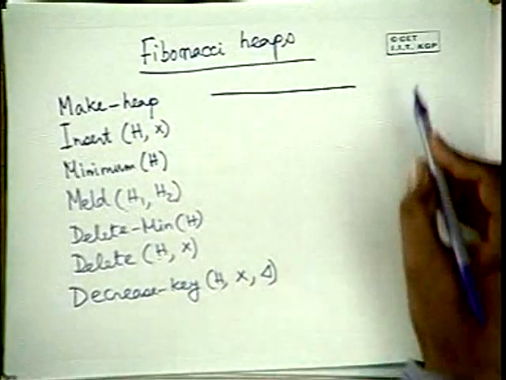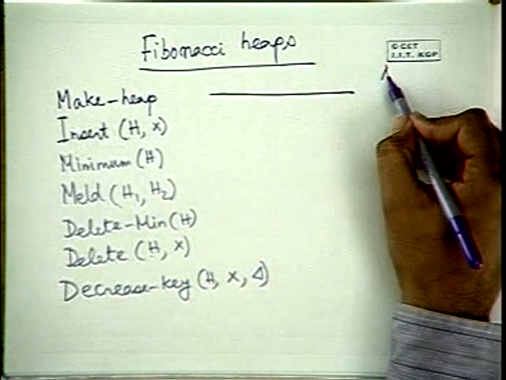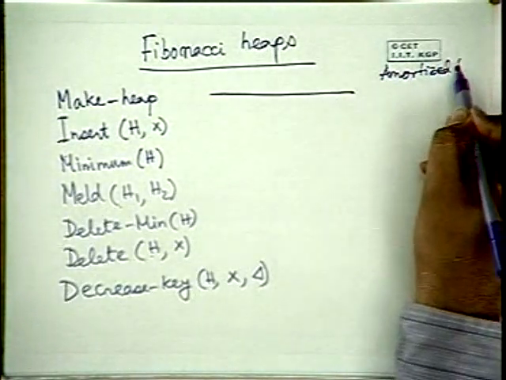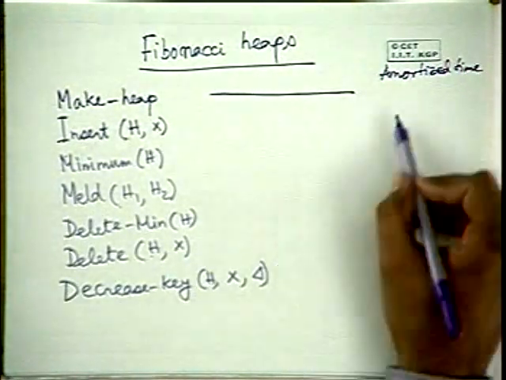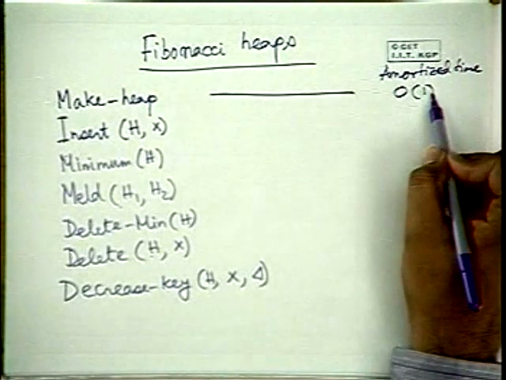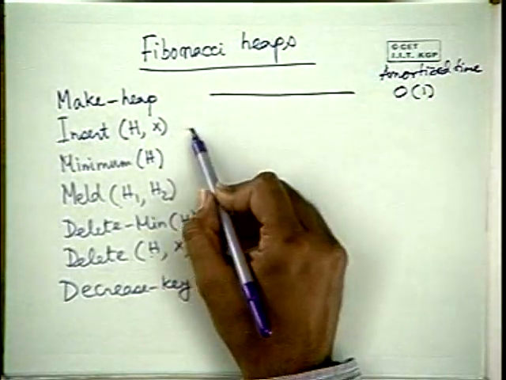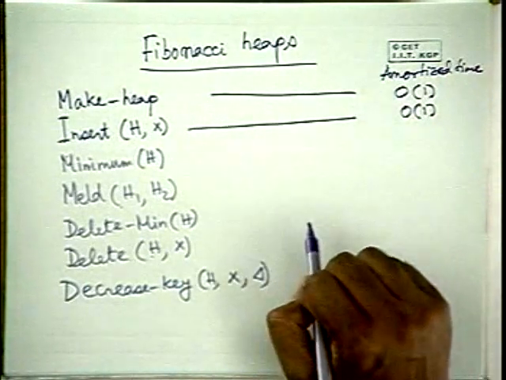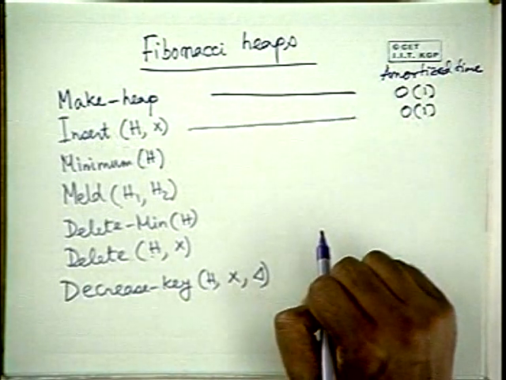But here is the difference. Make heap takes how much time? Here I am listing the time, but this is amortized time now, not actual time. Make heap is order 1. Insert H, x is again order 1. In constant time you can insert an element in the heap.